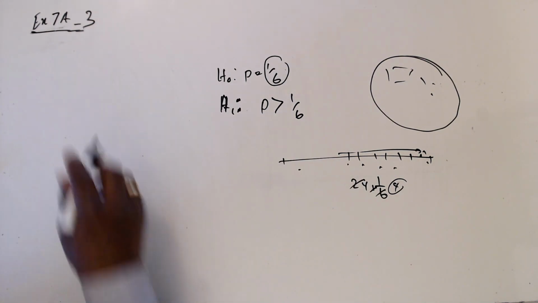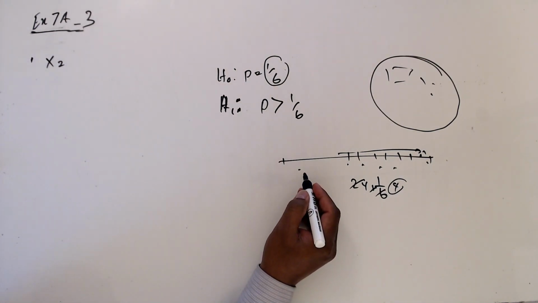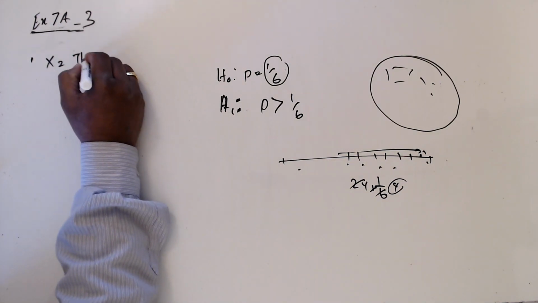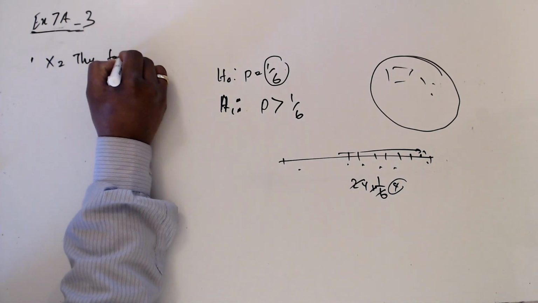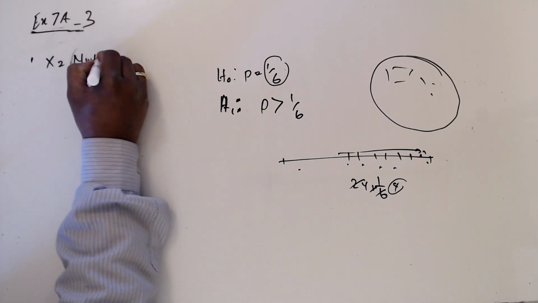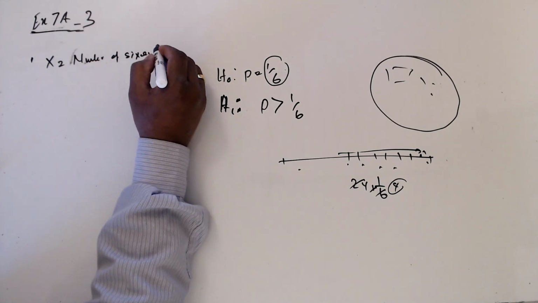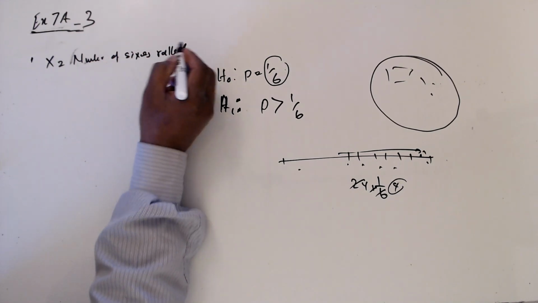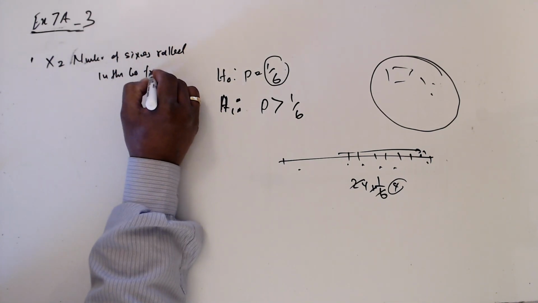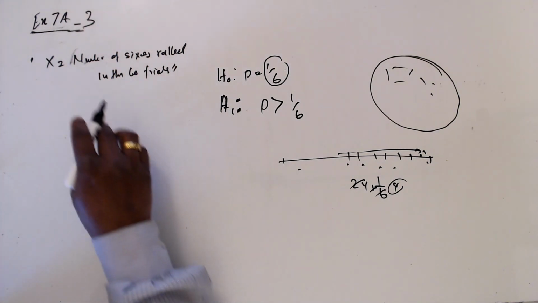So then the test statistic should be the number of sixes rolled in the 60 trials. So that is the test statistic.